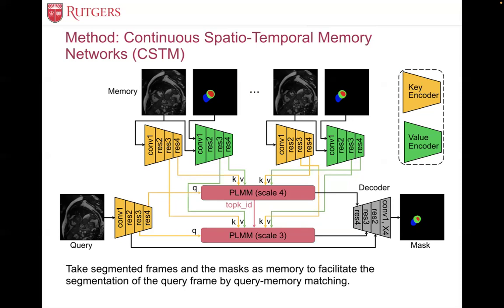We first use a key encoder to extract the query and memory image features, and then we perform query memory matching in the key image feature space in order to read out the memory mask values. Then we use a decoder to generate the segmentation mask of the query image.